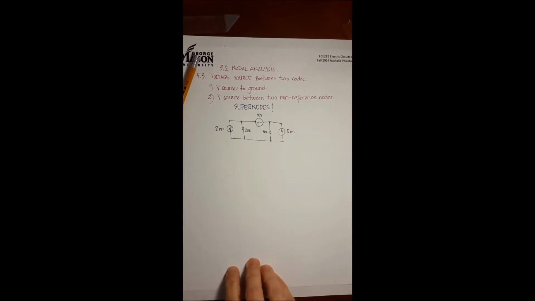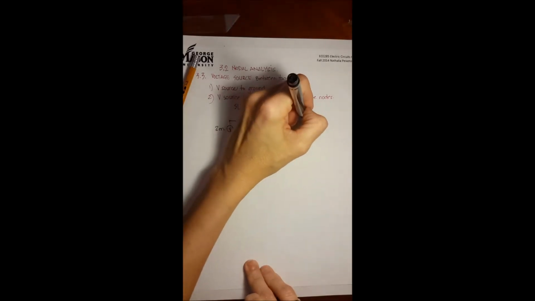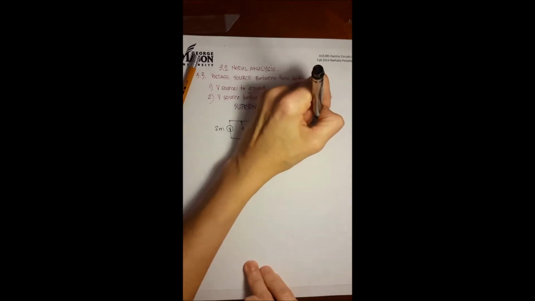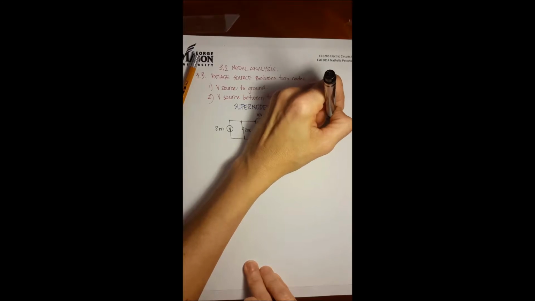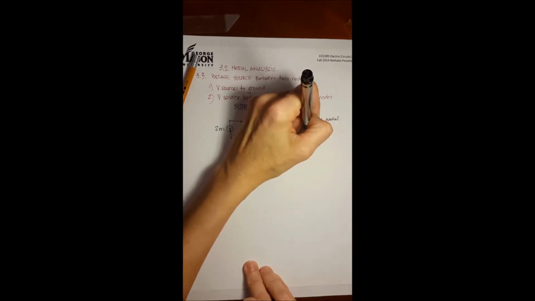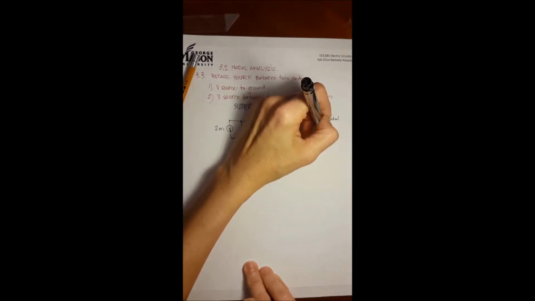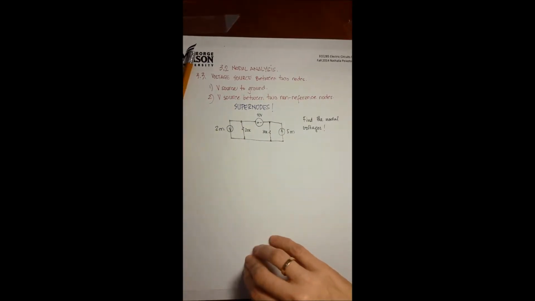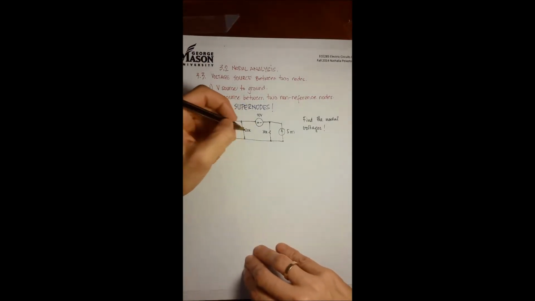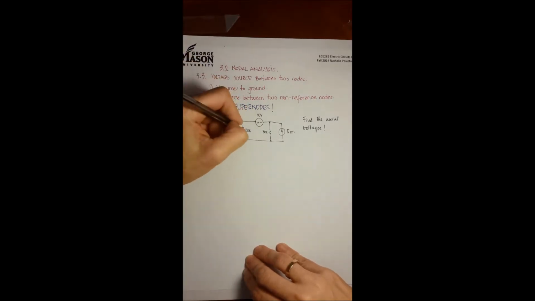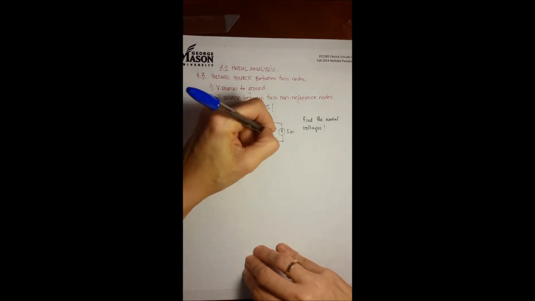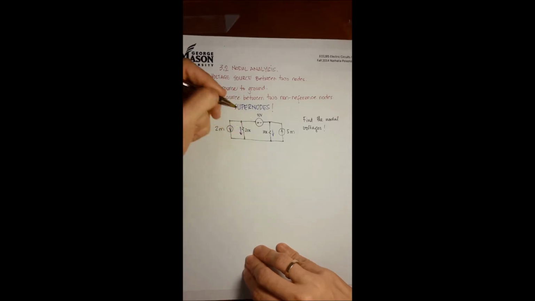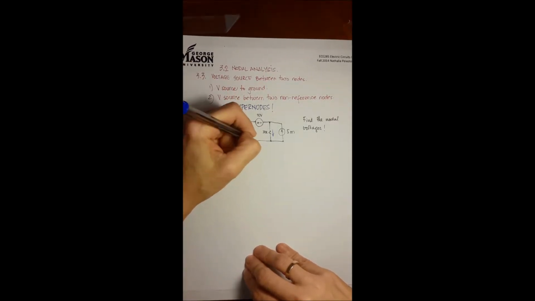And I think here the question is find the nodal voltages. Now the nodal voltages means I'm going to first decide on the current directions. These I-20 and I-30 going down. Then I'm going to mark the ground.